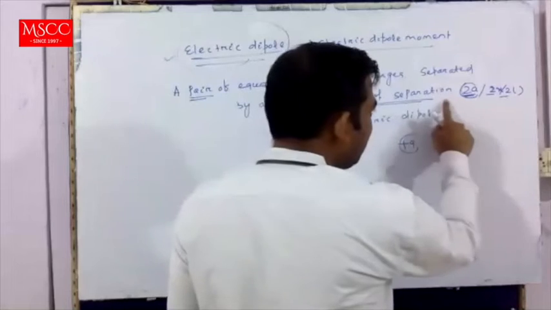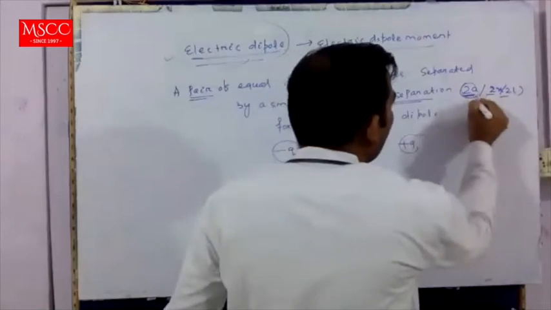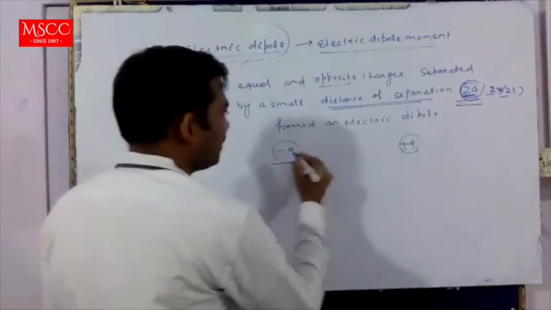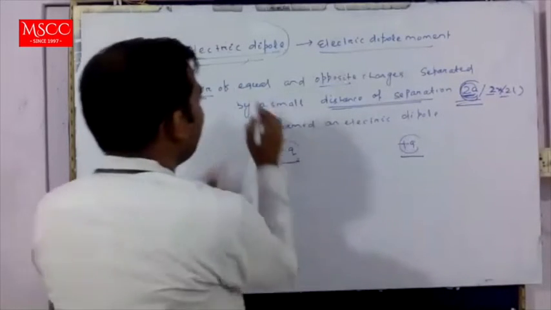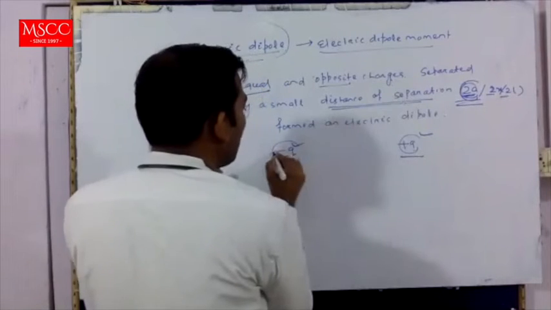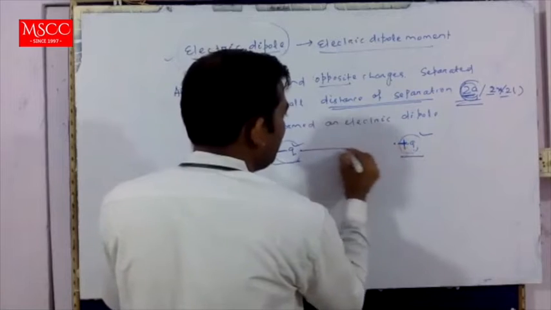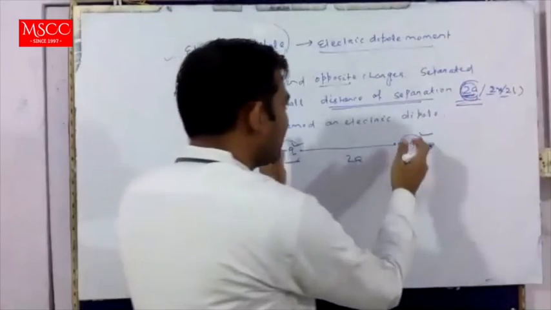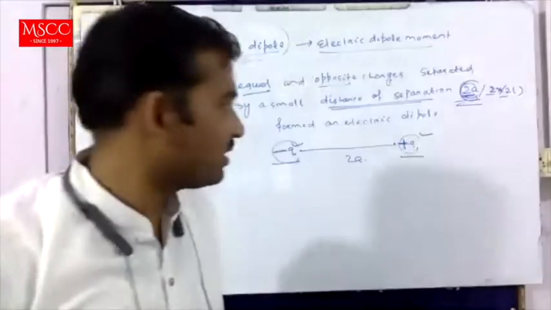We always consider 2a. One is minus, the other is plus, separated by a distance 2a, then it forms an electric dipole.